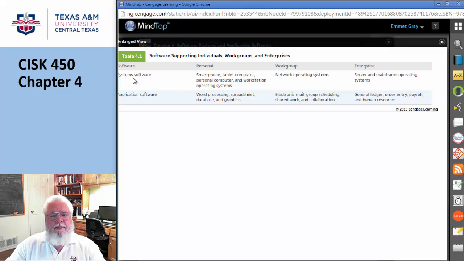Okay, so comparing system software and application software. Using those 2 categories and these 3 spheres of influence, let's look at the intersection of these 5 things. In the personal space, system software would be your tablet, your computer, that kind of stuff. In a work group environment, it would be the network operating system.